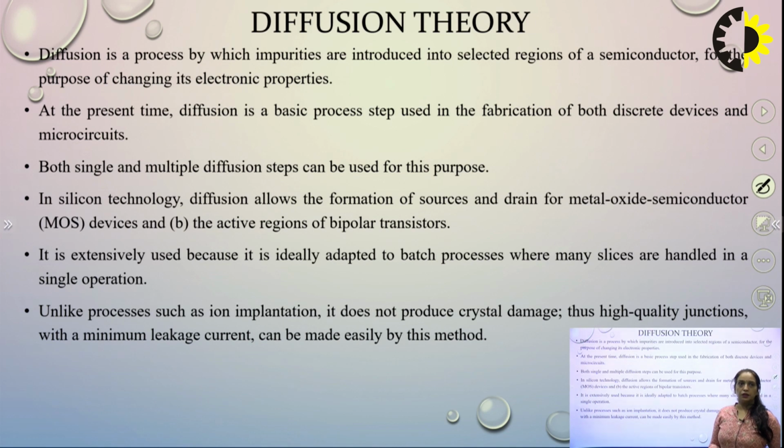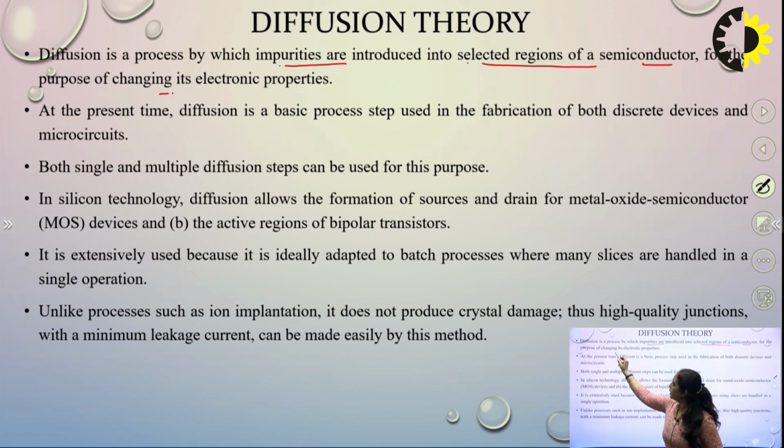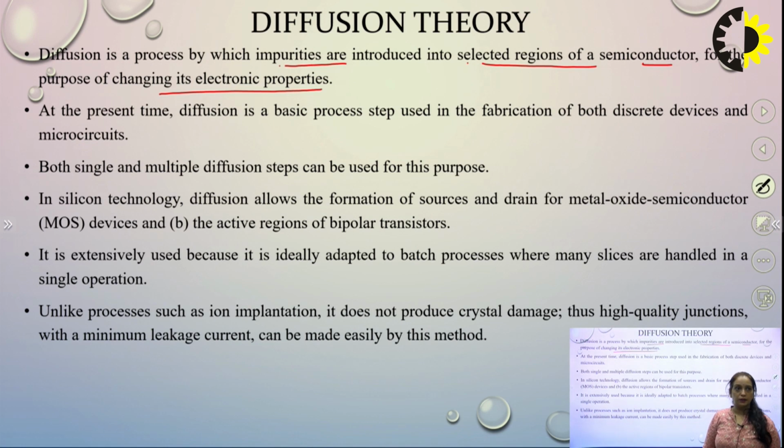Now let us quickly check the theory of this diffusion. Diffusion is the process by which we add impurities into selected regions of a semiconductor for the purpose of changing its electronic properties, right?